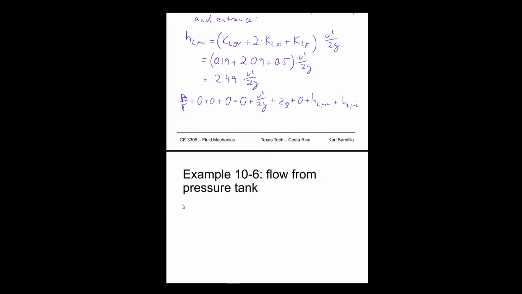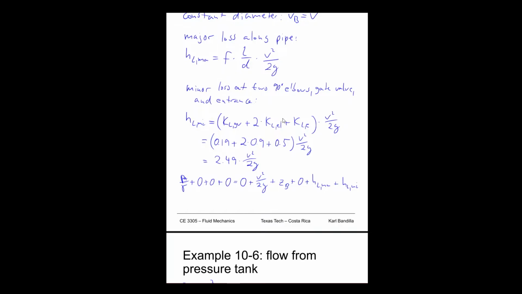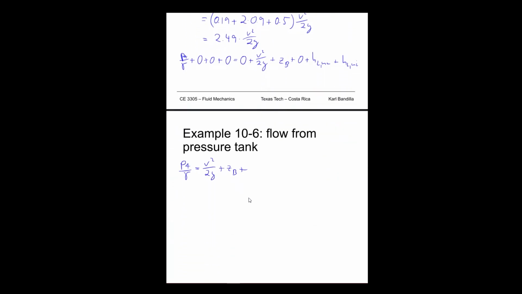All right, so let's write these all together. Leave out all the zeros, so we have PA over gamma is then equal to V squared over 2g plus ZB. Now plus, up here's our major one, that's the form that we already know.